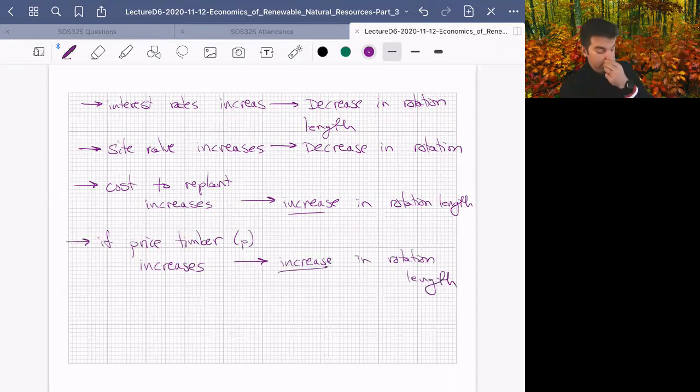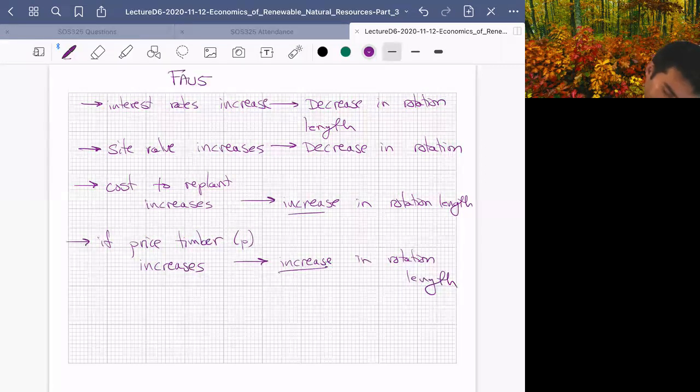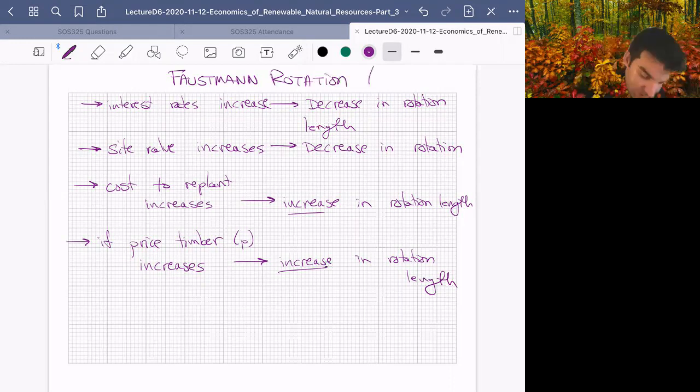These factors, are these regarding the Wicksell rotation or any type of rotation? Well, the Faustman rotation so far is the most general. Okay. So the Faustman rotation embeds the Wicksell. The Wicksell is just where S minus D is equal to 0.